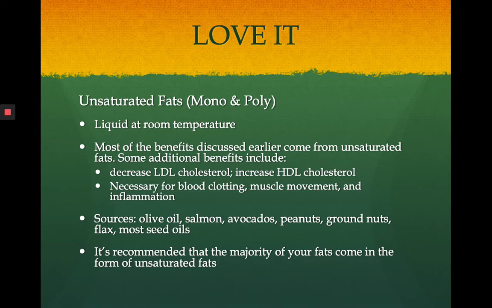Inflammation may sound like a bad thing, but there are times when our body uses inflammation when it's dealing with issues. So that is important. Some sources here are olive oil, salmon, avocados, peanuts, groundnuts, flax, and most seed oils. Okay? It's recommended that the majority of your fats come in the form of unsaturated fats.